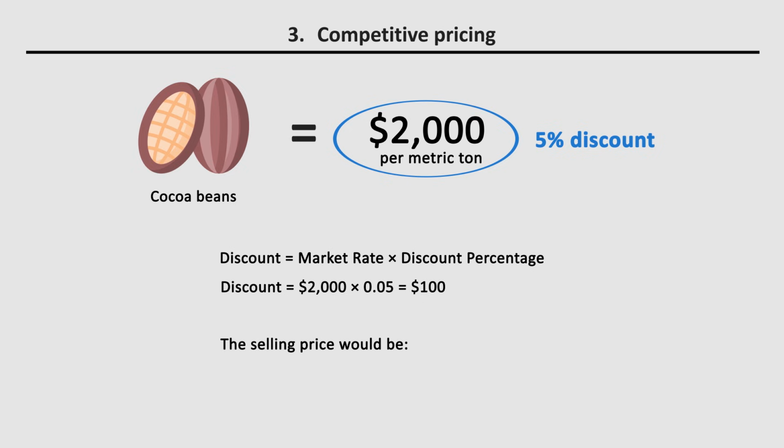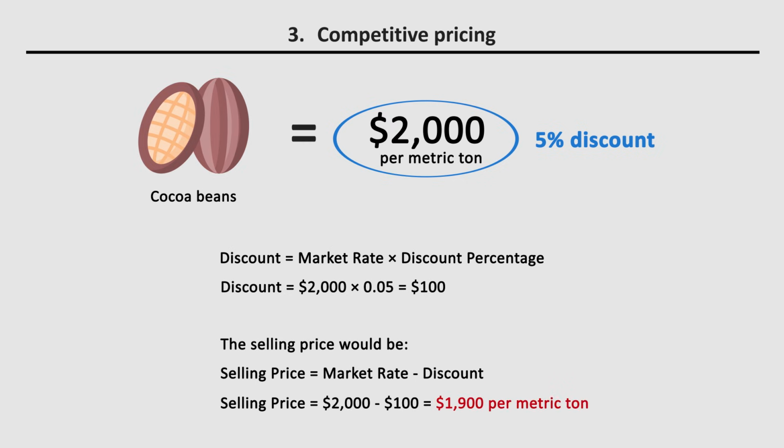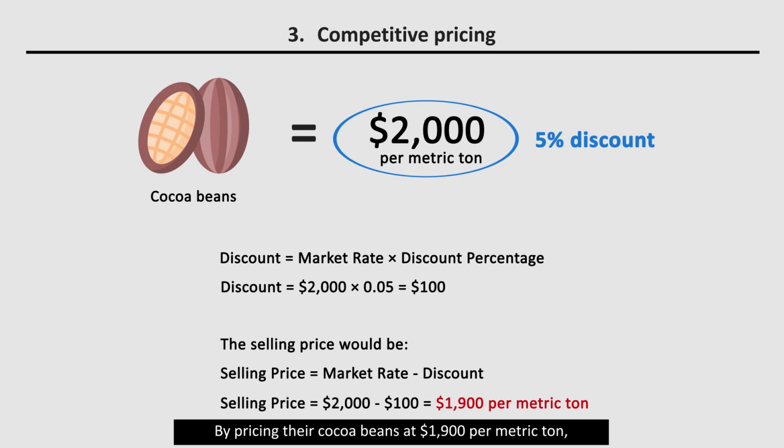The selling price equals market rate minus discount. Therefore, the selling price would be $2,000 minus $100, which equals $1,900 per metric ton. By pricing their cocoa beans at $1,900 per metric ton, the cooperative aims to position themselves as a competitive option in the market.